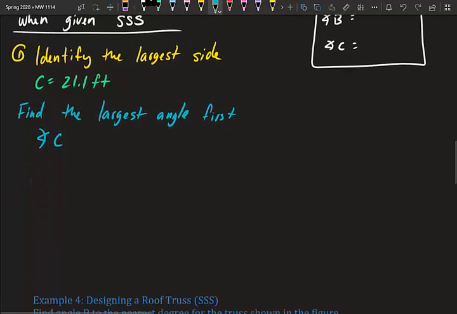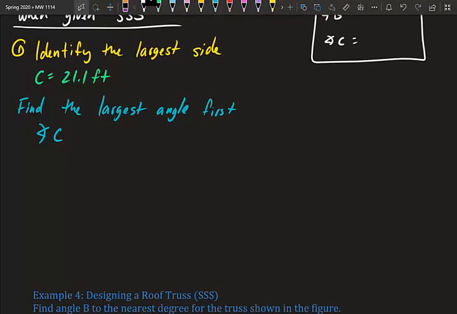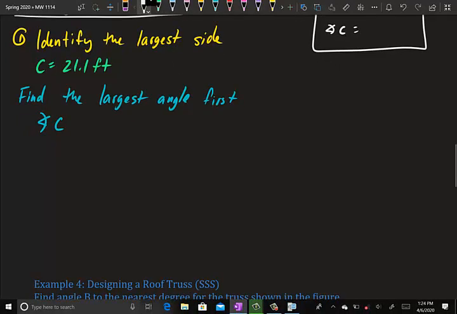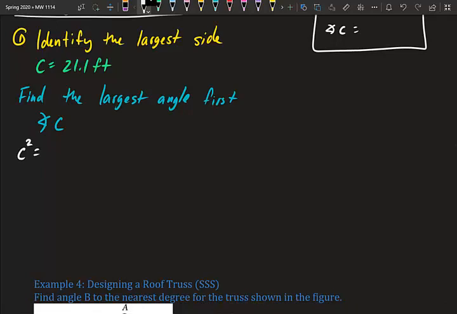So angle C comes from the C squared one. Because we need to find angle C first, that is originally in C squared equals A squared plus B squared minus 2AB cosine C. That's where we get C from, or that's where we can plug it in.